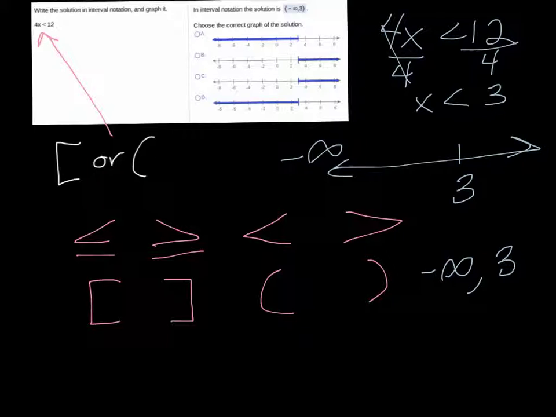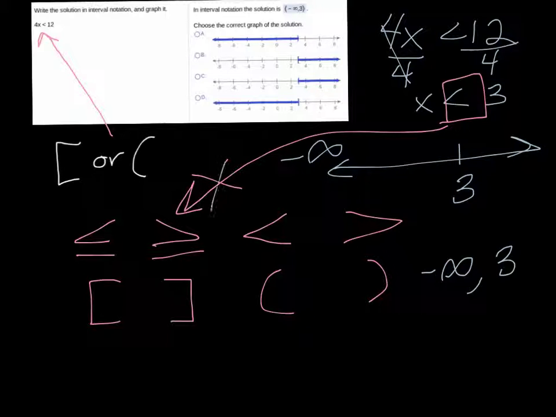Now, if you take a look at the sign, it says less than, right? It does not say less than or equal to, right? It actually has this one. So because it doesn't have the equal to, x cannot be 3, and you show it by using a parenthesis.